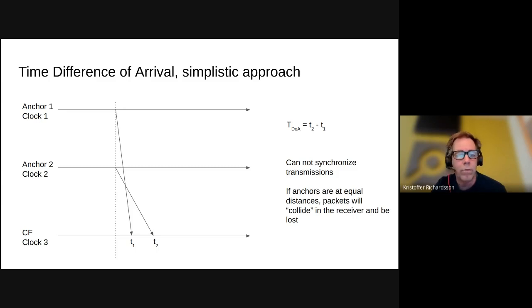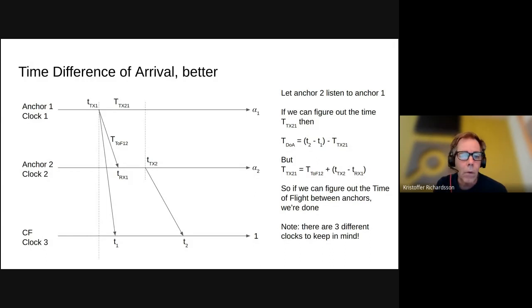So what can we do to solve this? Well, the idea is to first let anchor 1 transmit, and then sometime later we let anchor 2 transmit. If we just know the time between the transmissions, the one called TX21 here, then the Crazyflie could just remove that from the time between T1 and T2, and it would still have the time difference of arrival.